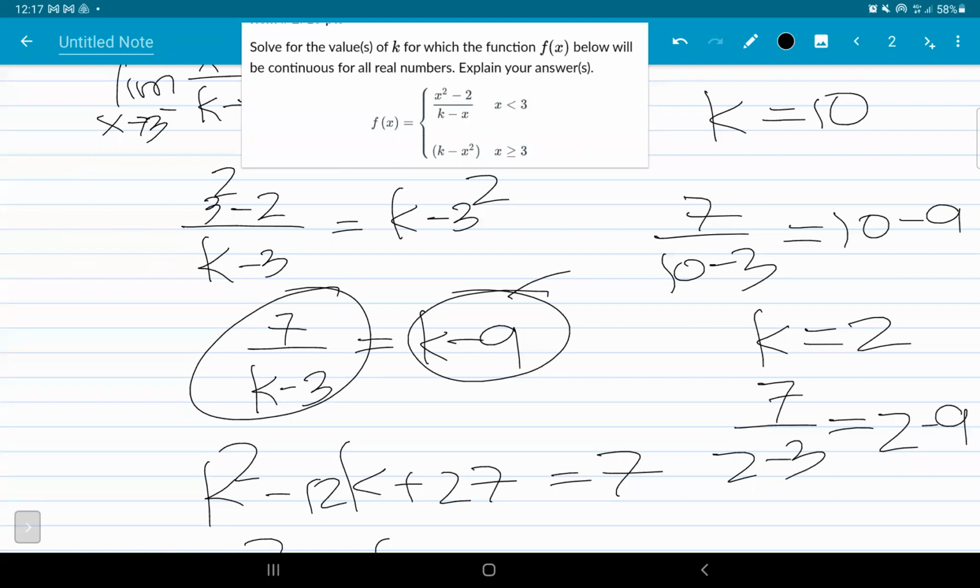It has to be k minus 3. So let me check that again. Why does the other have to be rejected? K minus 3. x approaches 3. Yes, because x approaches 3, not 2.